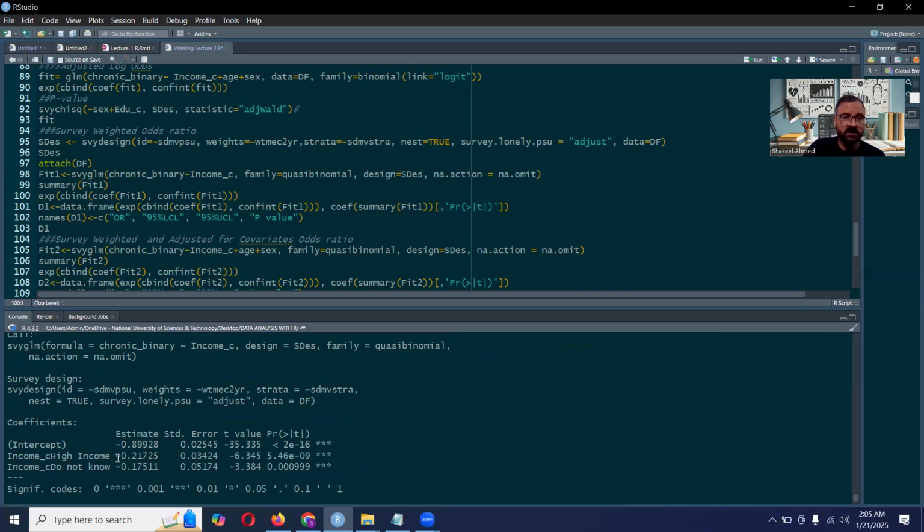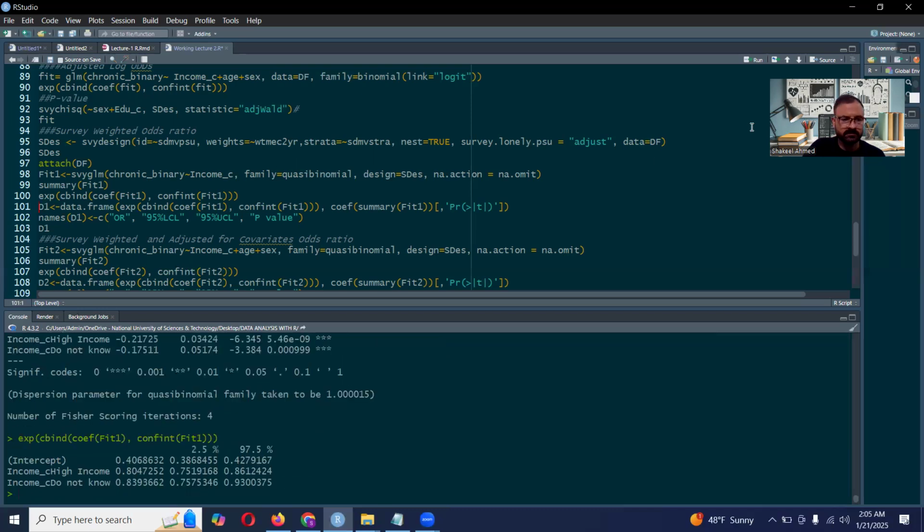And odds is basically the probability of having a disease divided by the probability of not having a disease. So you can see we can exponentiate these coefficients, and we will get the odds ratio, and the interpretation we have already discussed.